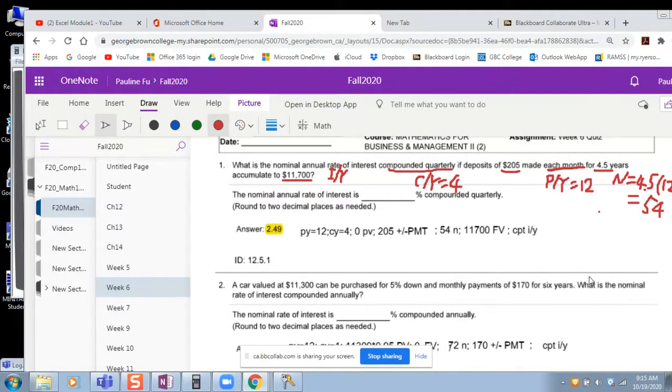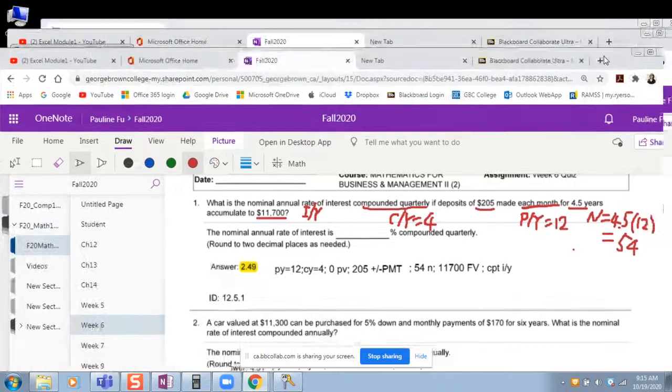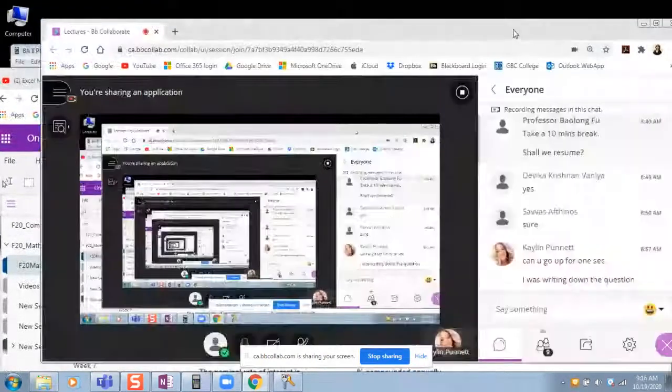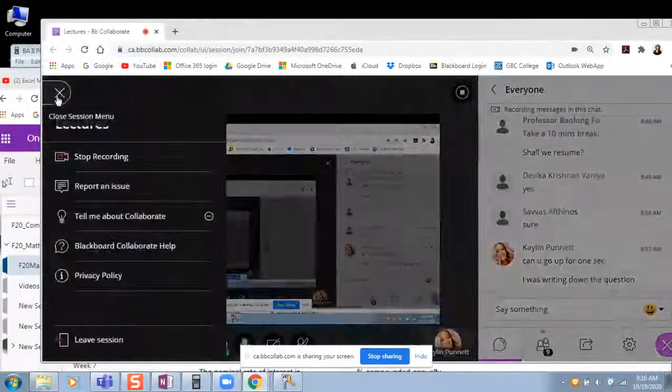Make sure you know how to calculate FV, PV, PMT, term N, and interest I. So that is chapter 12, ordinary general annuities. I will stop recording.